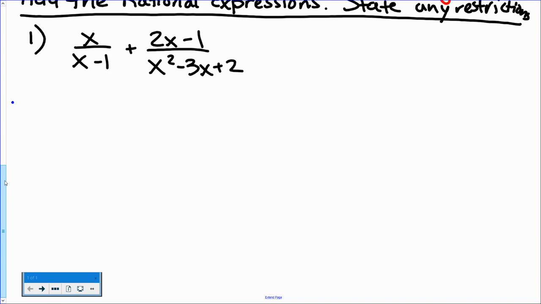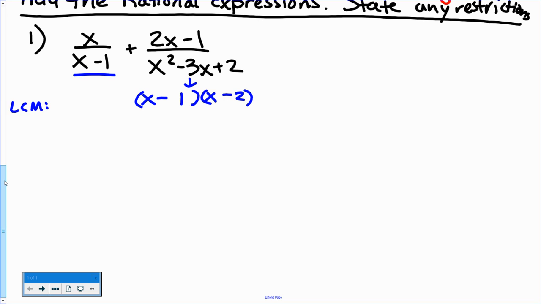So that means I need to find the least common multiple of my denominators. So that means I must factor and find all those prime factors. When I look at x minus 1, there's nothing I can do with x minus 1, but I can factor this expression. So that would factor x and x, 2 negatives, so 2 and 1.